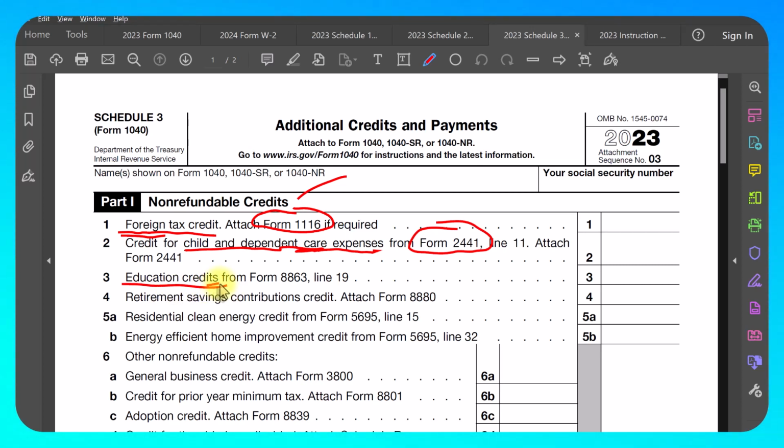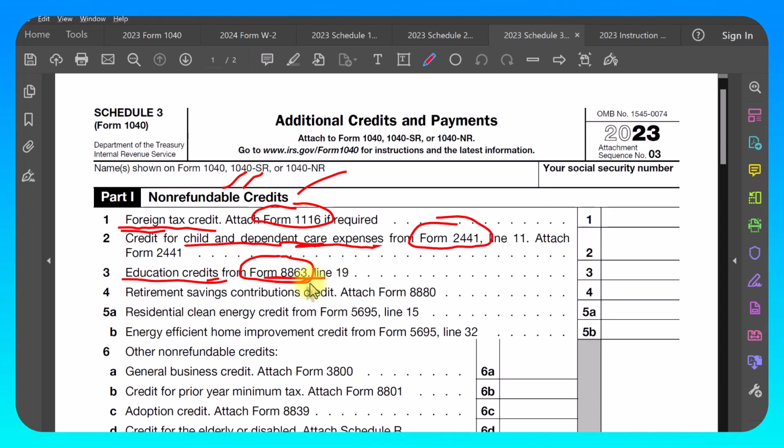There's both the lifetime learning credit and the American Opportunity Credit calculated on this form 8863. The lifetime learning credit is non-refundable. Some of the American Opportunity Credit is non-refundable. Some of the American Opportunity Credit is refundable, also calculated on this 8863 form and reported directly on the 1040 form, bypassing this Schedule 3.